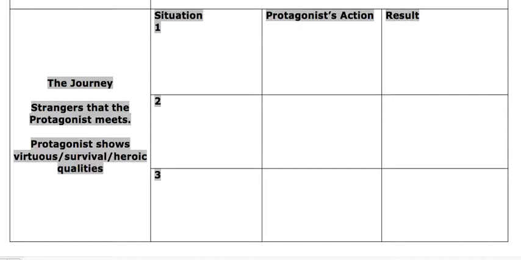So again, that would be the situation, and then the action of the protagonist would result in a positive outcome. So again, you're going to have three different strangers that the protagonist is going to interact with. That would be the protagonist's action, and then the result of that would be that the protagonist either gets something from the stranger or the stranger helps the protagonist overcome an obstacle.